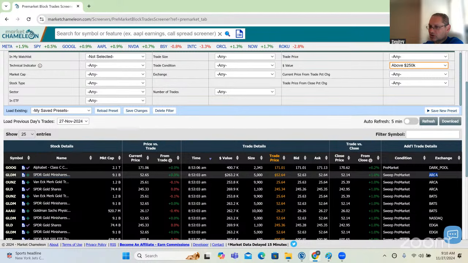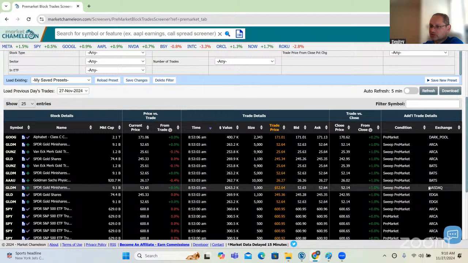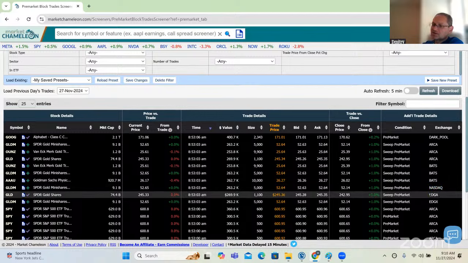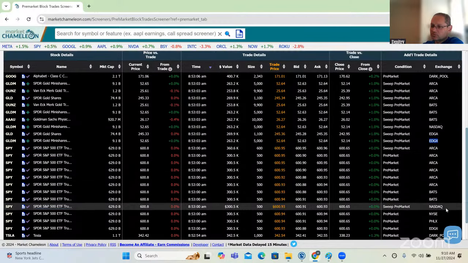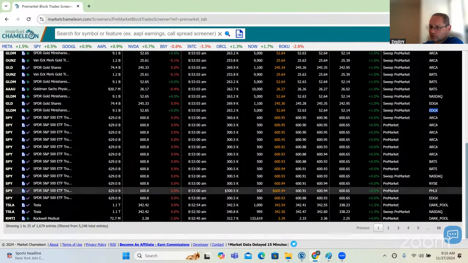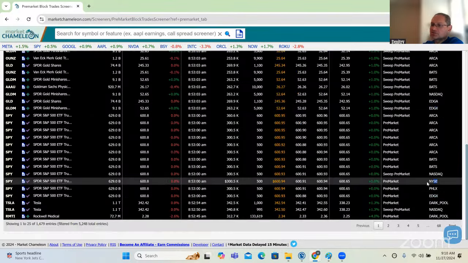Like here's ARCA. This traded on the BATS exchange. This traded over here on the NASDAQ. This is Edge A, Edge X, here's New York Stock Exchange, Bilex.